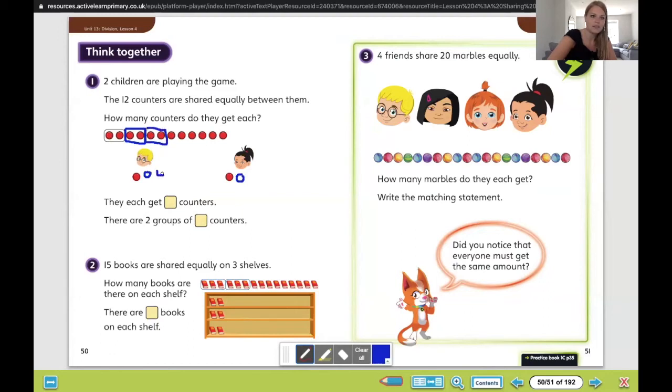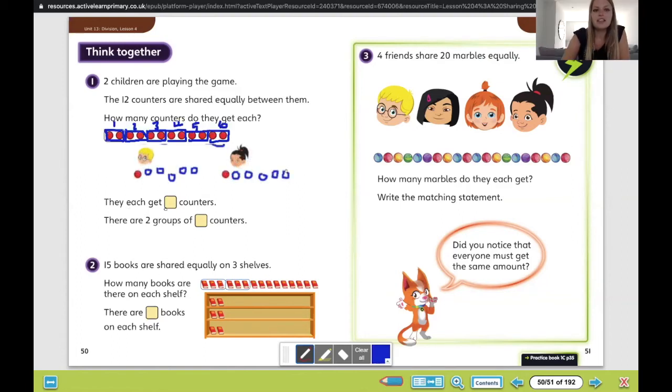One counter for the little boy and one counter for the little girl. One for the boy and one for the girl. And the final group, this counter for the little boy and this counter for the little girl.